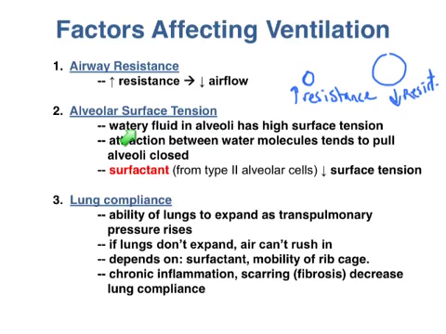That's why you can get water striders walking on the surface of water. There's a lot of attraction between molecules in water; those molecules tend to like to hold on to each other. And that surface tension would tend to pull the alveoli closed.